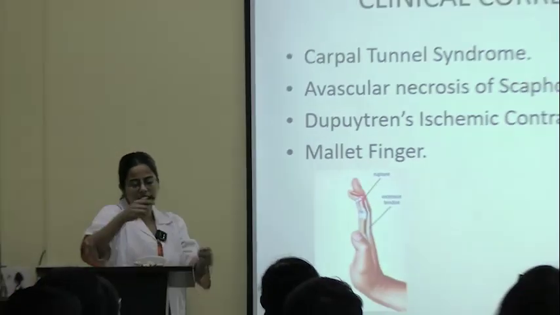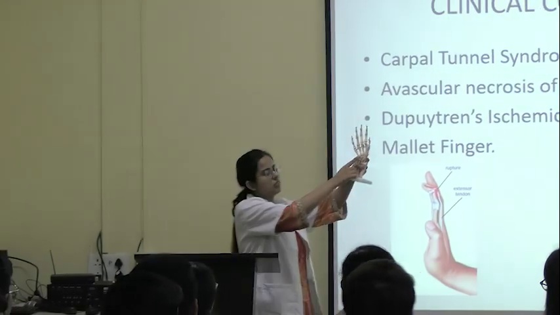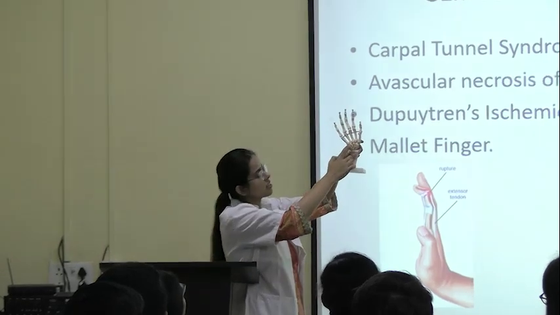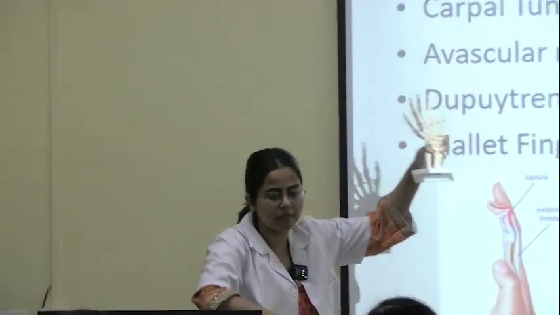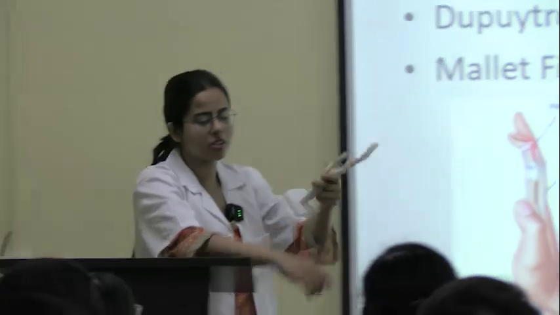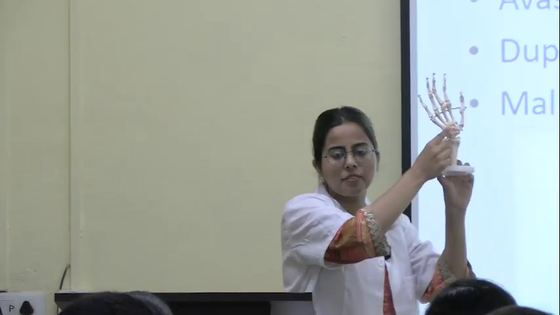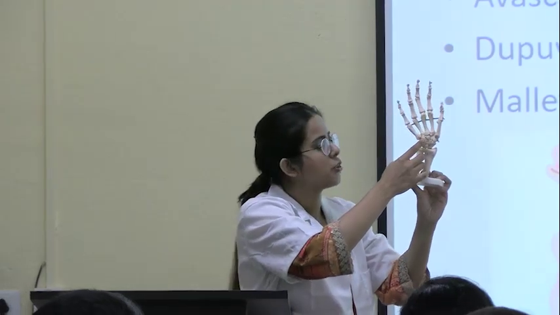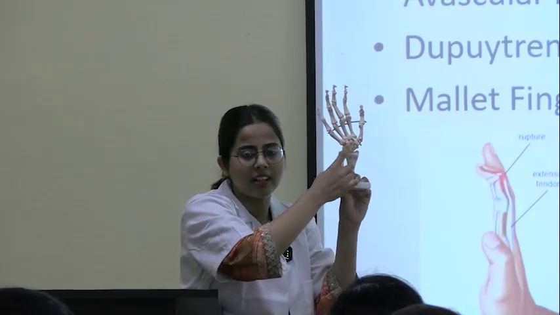Now another thing I want to say. This is the hook of hamate. An important correlation to this is the ulnar artery and ulnar nerve. If the hook of the hamate is fractured, there will be disruption of the ulnar artery and ulnar nerve.